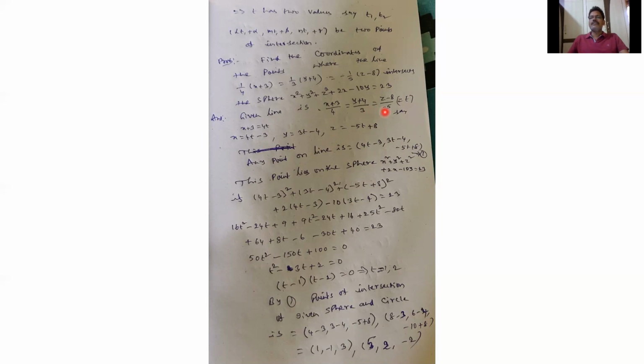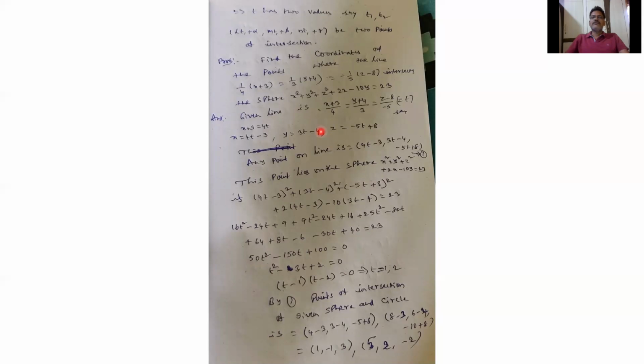And the last one, (z - 8)/(-5) equal to t, z minus 8 equal to minus 5t, so z equal to minus 5t plus 8. So now any point on the line is x is 4t minus 3, y is 3t minus 4, and z is minus 5t plus 8.